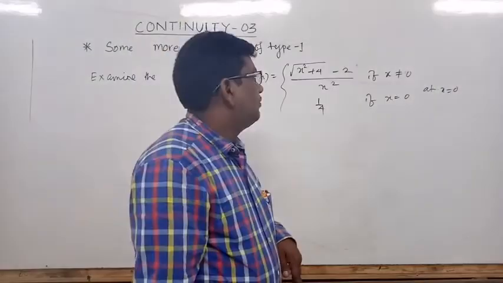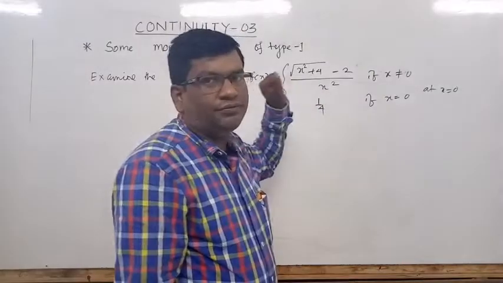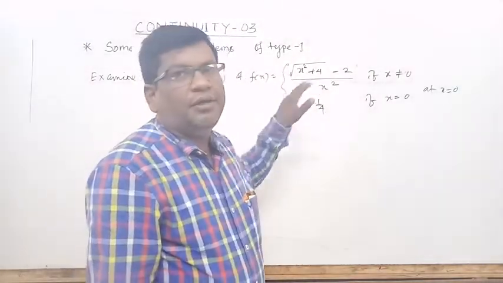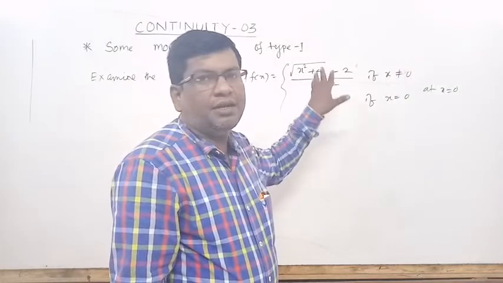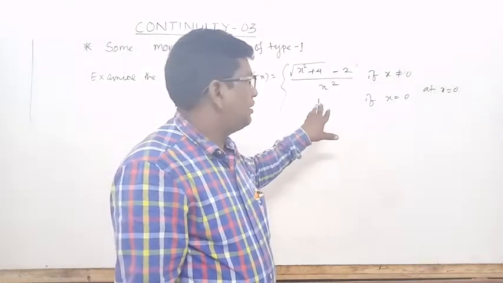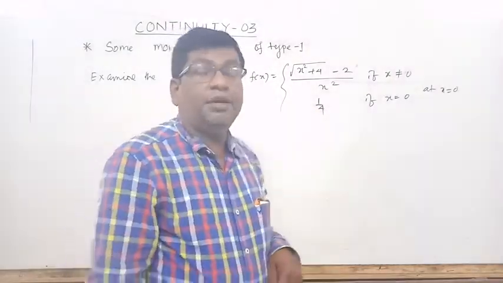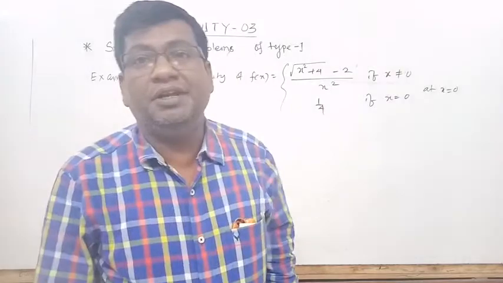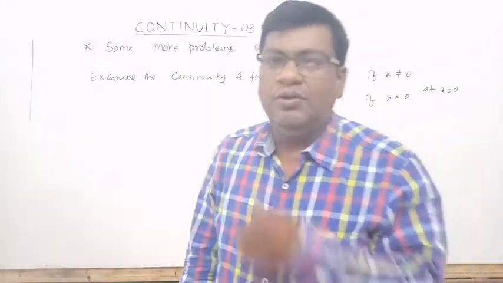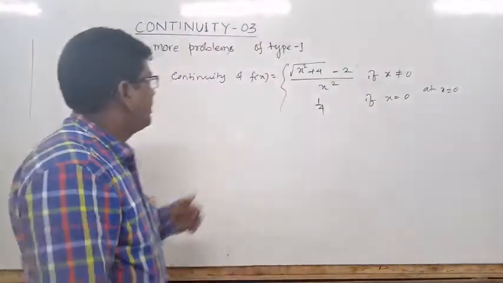Directly we can take the limit as x tends to a and write the function, then evaluate the limit. If the limit exists, then find f of a. If the limiting value is equal to the functional value, then the function is continuous. Now do it like this.